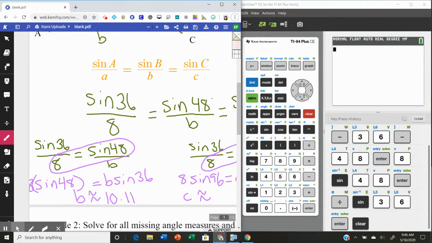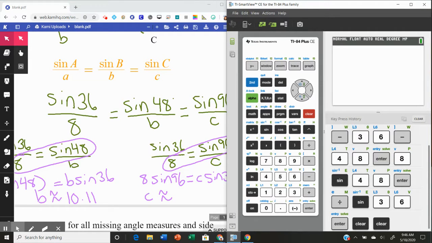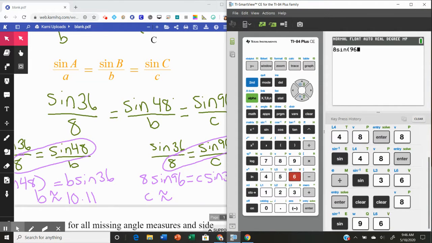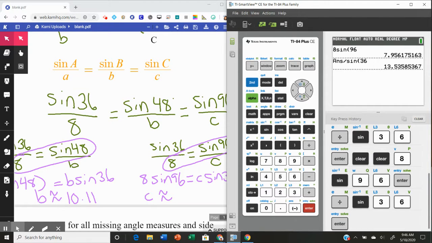If I'm looking at 8 times the sine of 96 and divide that by the sine of 36, enter, I get that C here is about 13.54.